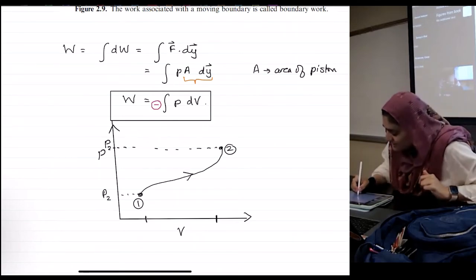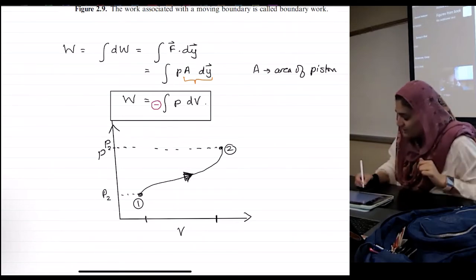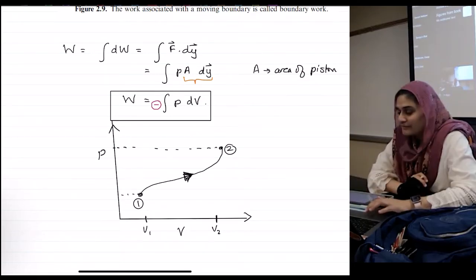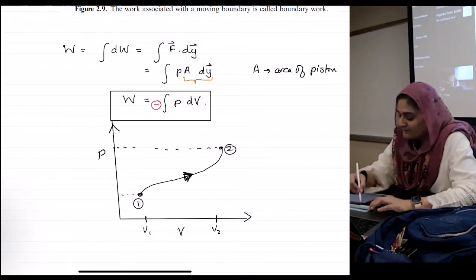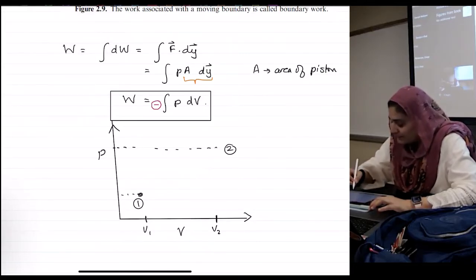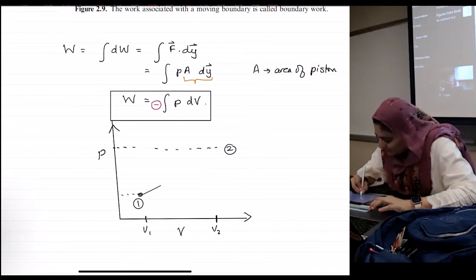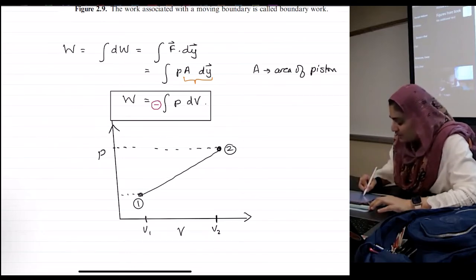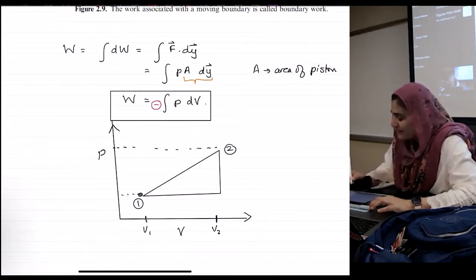Okay, so this is your transformation. It'll go from V1 to V2. Why is it like that? It could be. Why would it not be? Is there a circumstance where it would not be linear? Yeah. It could also be this. It could also be that. And that will answer, I think, Andy's question.